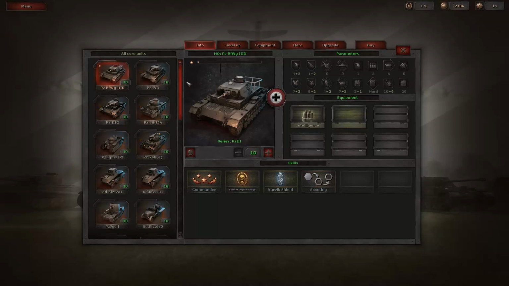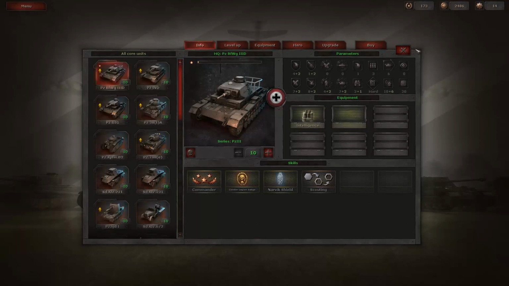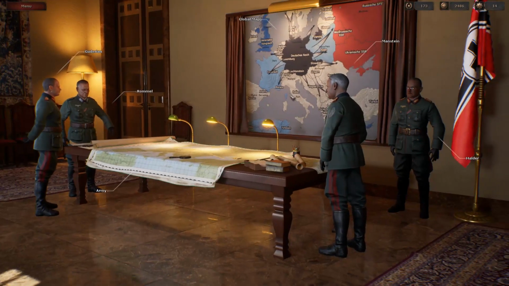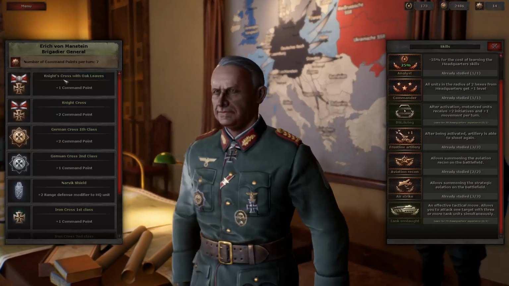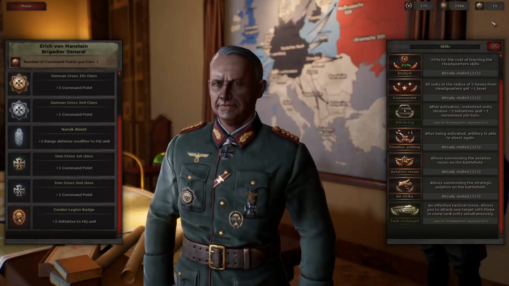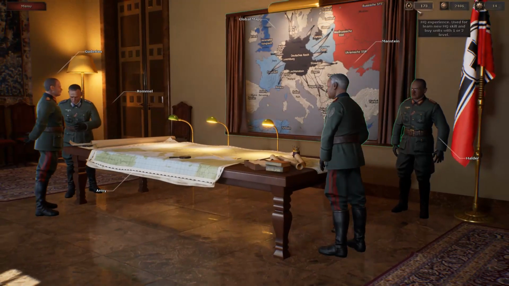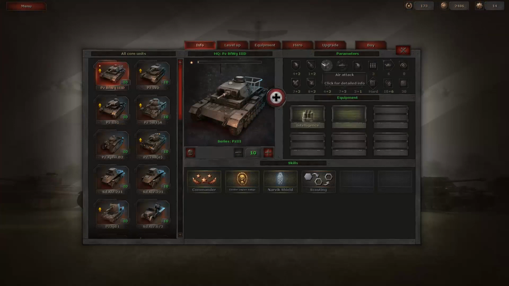As for my units, I'm gonna upgrade as many of them as possible and also get as much overstrength on them as possible, because the amount of command points that I get, I don't want to diminish that too much. We get 7 at the moment, but we also get some free units, such as the Matilda.